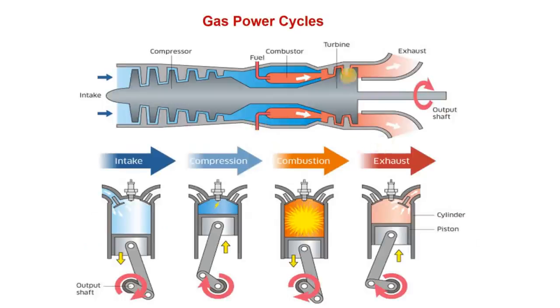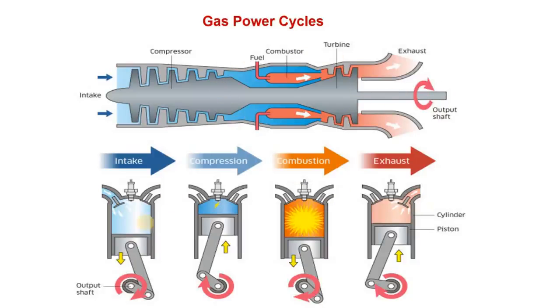Let me explain it here with the help of this figure. Here you see schematics of two different types of commonly used gas power cycles. This first one is used to produce electric power in a gas power plant, or a very similar schematic is also used in jet engines.